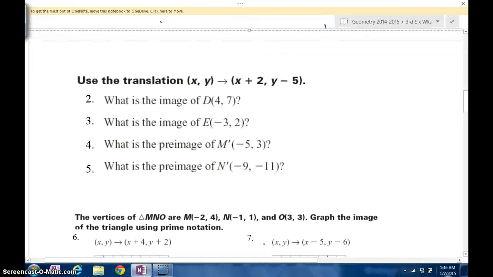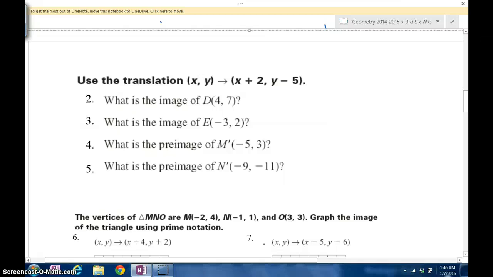Alright, so the next part here is use the translation. So what is the image of D, which has the coordinates of (4, 7)? So if we're going to find the image, this D here is actually the pre-image. So the image is after we apply the rule.